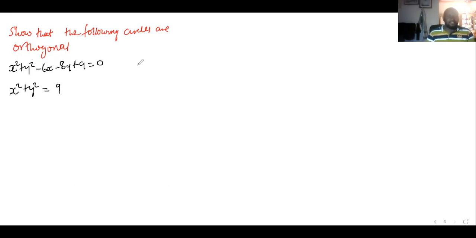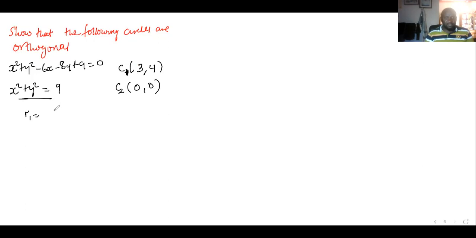First and foremost, we should get the center. Center 1 is (3, 4). Center 2 is (0, 0). Whenever we see this simplest circle, the center is at the origin. Then get radius R1.